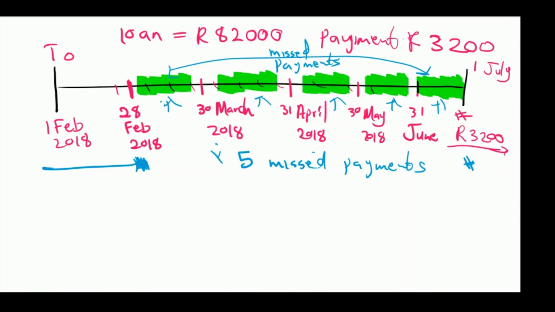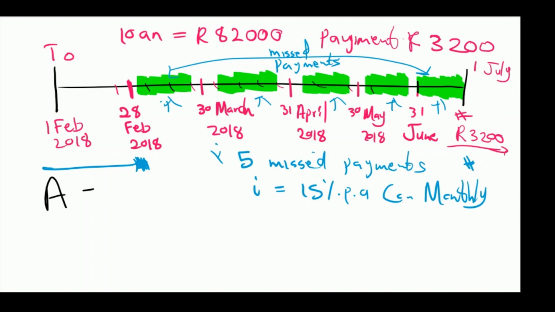We know the interest rate is 15% per annum, compounded monthly, right? So we're going to solve this problem by using the compound formula, because we want to identify the amount that she owes since she missed 5 payments.